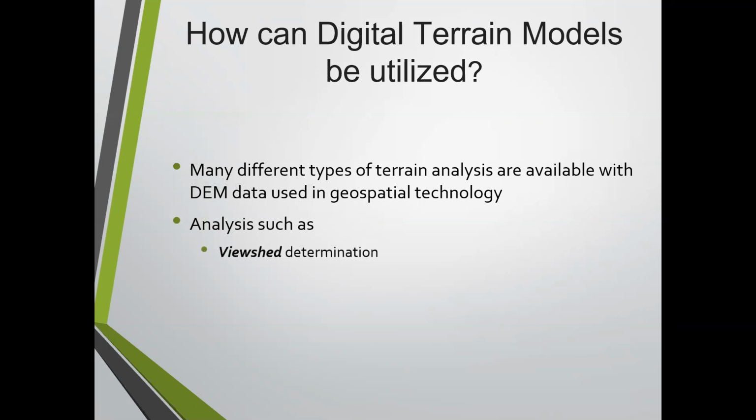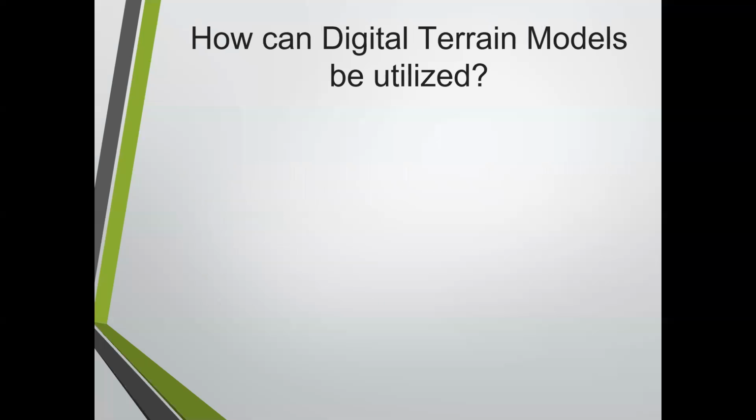So we have analysis such as viewshed. Now this is one thing that you probably don't have in Civil 3D, but you do have in geographic information system software, the concept of viewshed. We'll talk about that. I think I've mentioned that before. Slope calculation, that's certainly in most engineering software as well as GIS software. Slope aspect, okay, we talked about all of that.